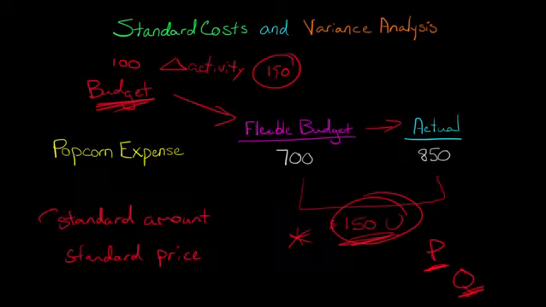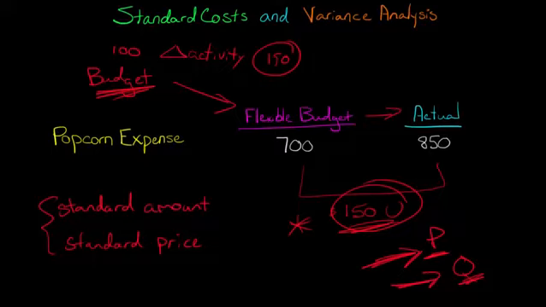And so we could take these standards and then compare them to the actual amounts, and then that'll give us an idea where we can parse out and say, oh, wait a minute. This variance that we're having is due to us spending too much on popcorn, or wait, maybe no, maybe it's that we're just using too much popcorn, maybe we're wasting some, or maybe it's a combination of the two.